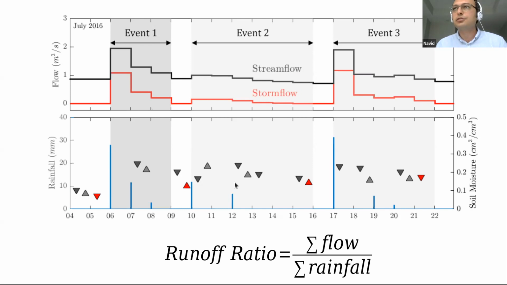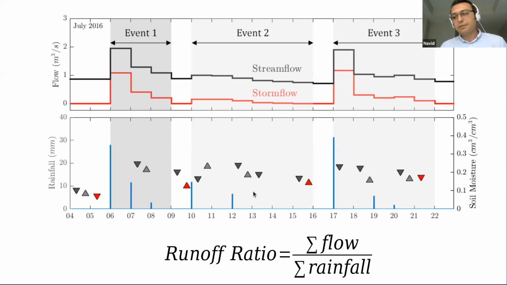These triangles show the soil moisture observation for the watershed average. The upward triangles show the ascending pass, when the satellite is going northward, and the downward triangles mean that the satellite is orbiting towards the south.